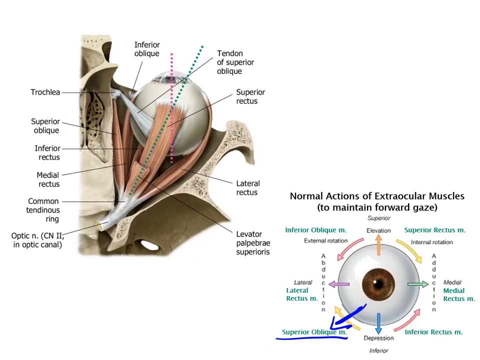This concept of the eye axis versus the orbital axis is very important clinically, and it explains why the H pattern for testing extraocular eye movements is necessary to isolate individual eye muscles. Let's take the superior rectus muscle as our example.